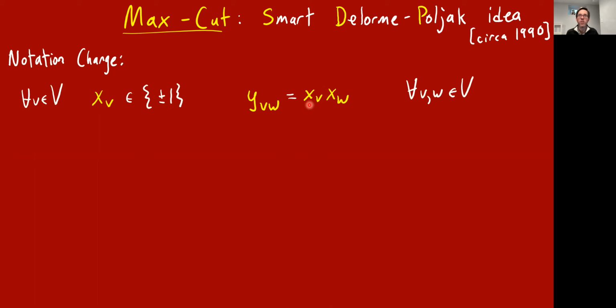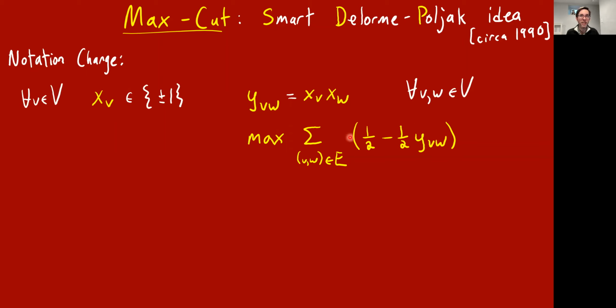This is going to be the constraint that it's very hard to encapsulate, but I wanted to switch notation like that. And with this switch notation, the objective function is still fine. You see this little expression here, a half minus a half times yvw. Remember, this yvw is 1 if xv and xw are the same. So when you plug 1 in here, you get a half minus a half, which is 0.